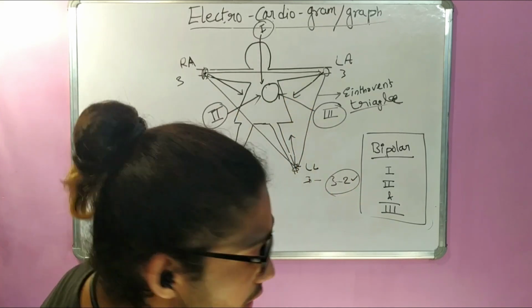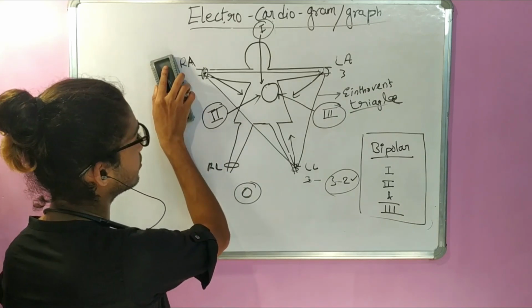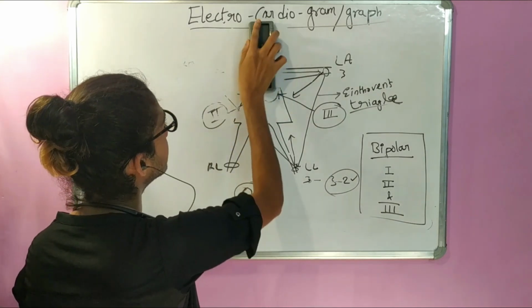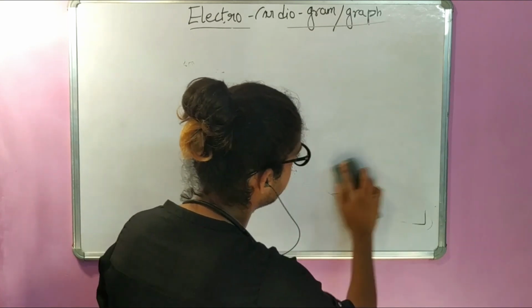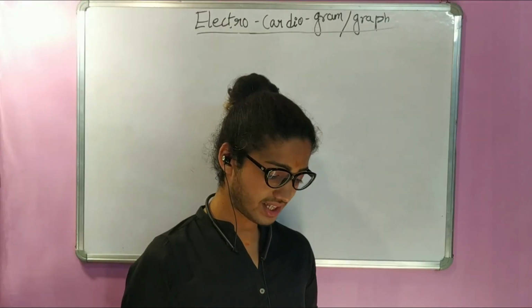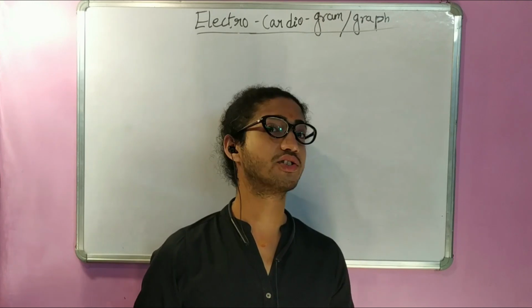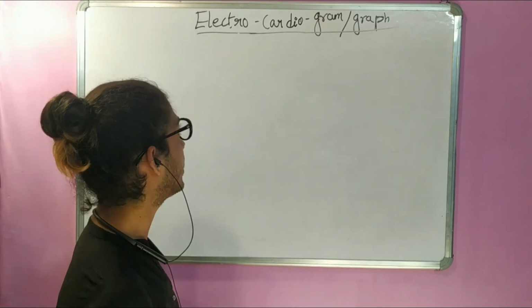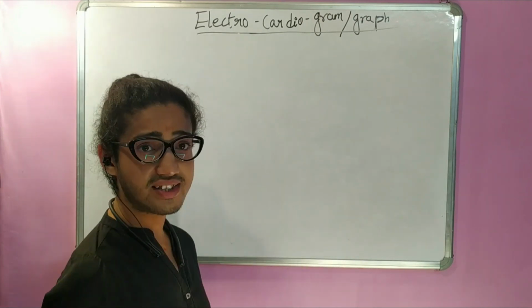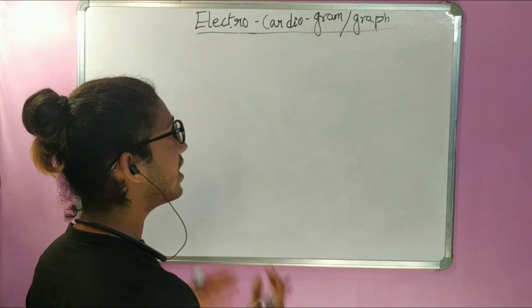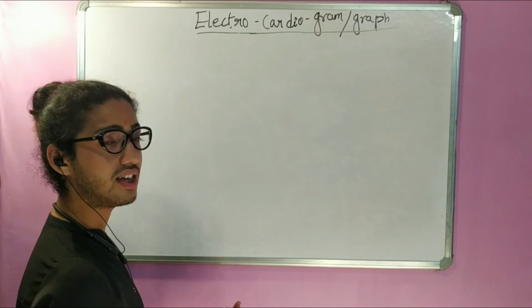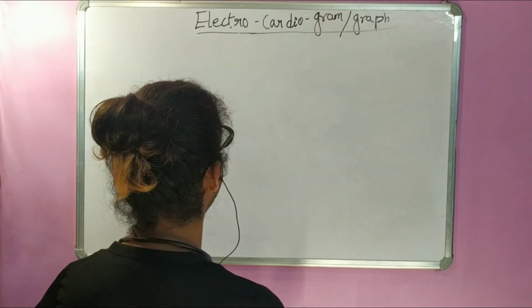Now this was the basic that we looked at. Let's understand what we mean by electrical axis. Based on these leads, we determine the electrical axis of the heart. So now let us understand what exactly electrical axis means. All these leads that we studied in the previous diagram, we're going to understand how they help us to understand the electrical axis and what exactly it means.